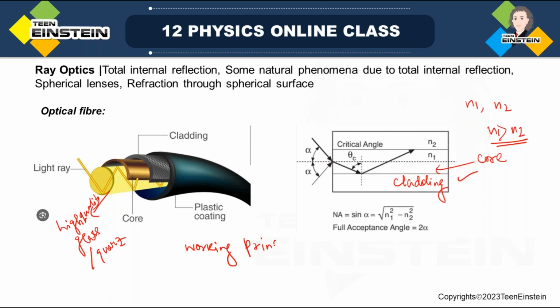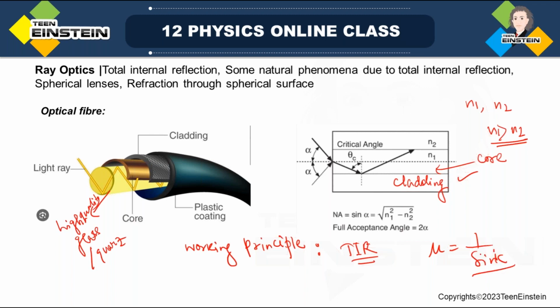Generally in JEE Advanced this optical fiber is to come. So the working principle is TIR, total internal reflection. And total internal reflection means mu is equal to 1 over sin IC, right?